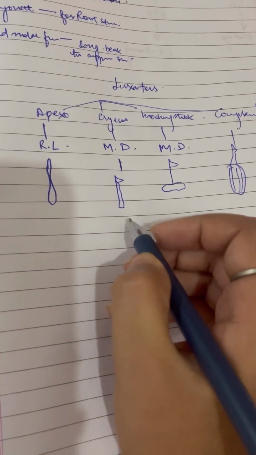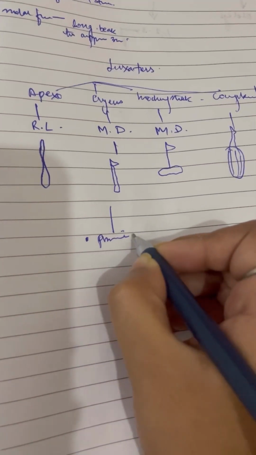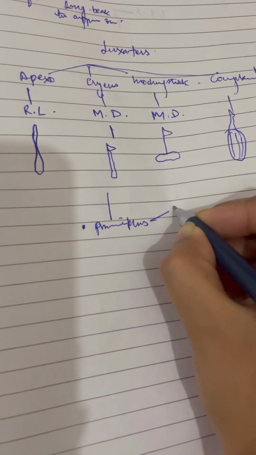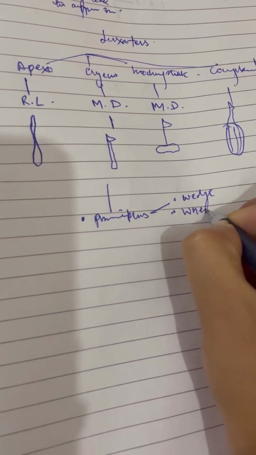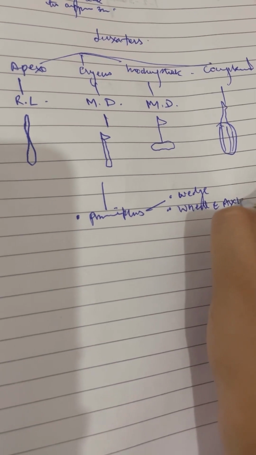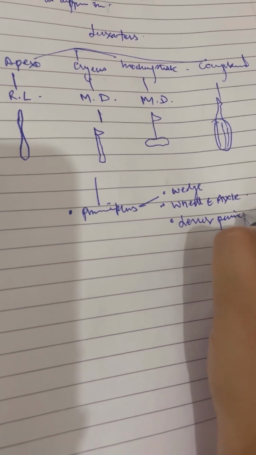So these cryers and luxators depend on three principles, that is wedge, wheel and axle, and lever principle.